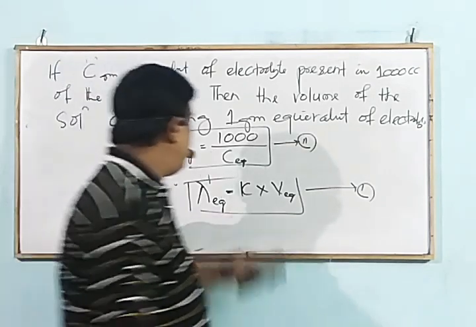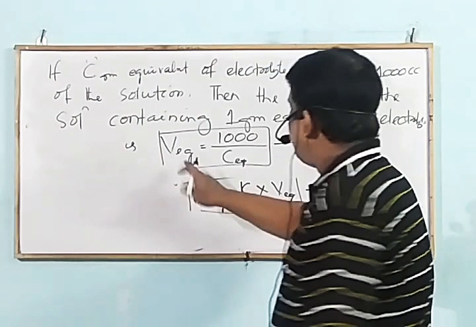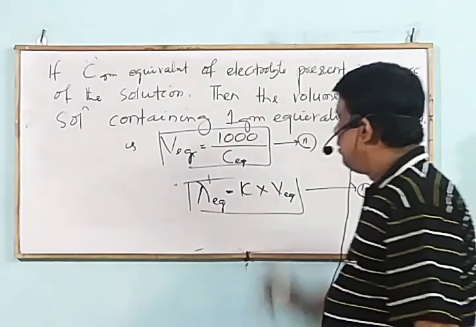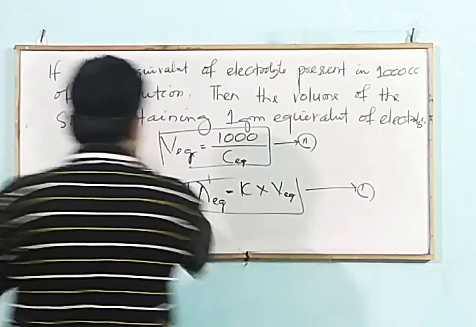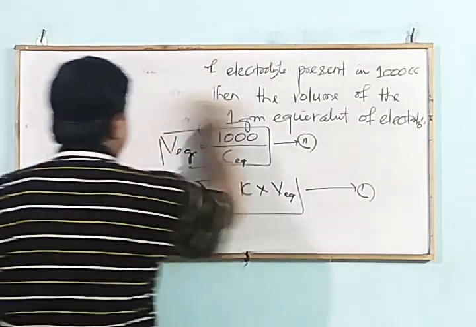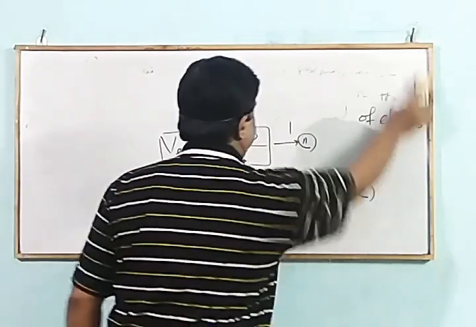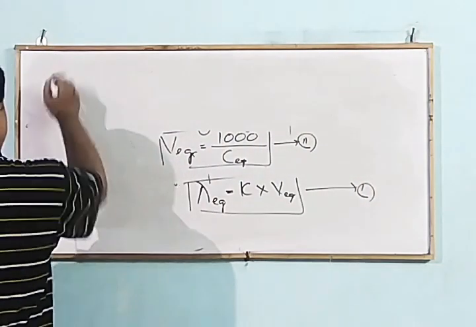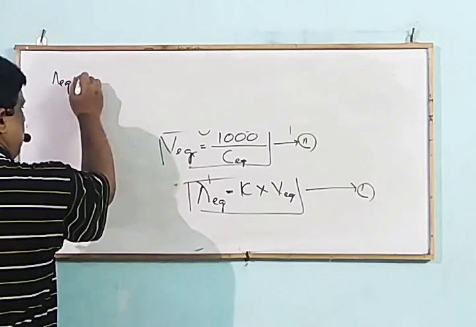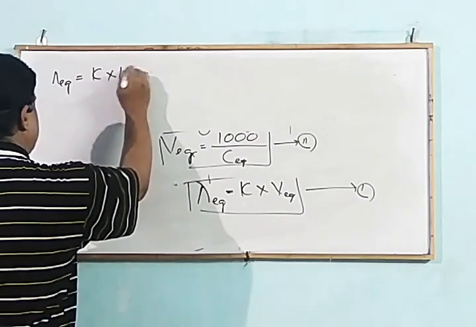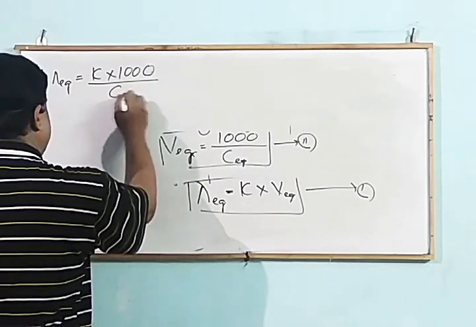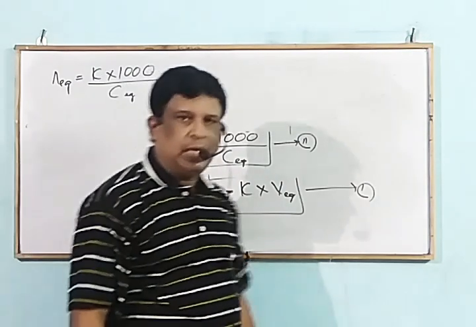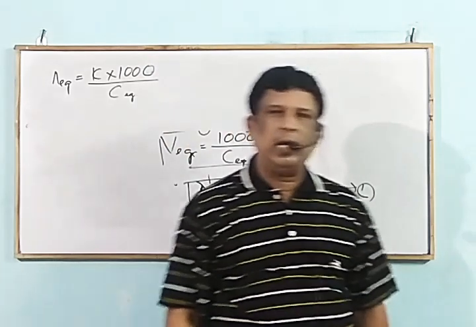Putting the value of VEQ from equation 2 in equation 1, we have equivalent conductance lambda EQ is equal to kappa into 1000 by C, where C is the concentration per 1 gram equivalent.